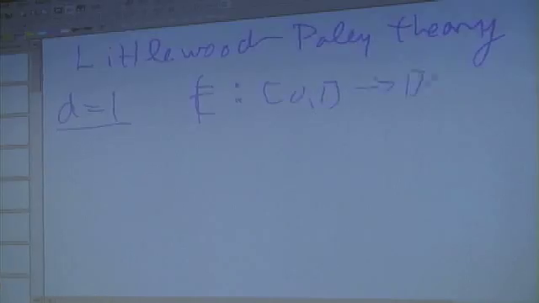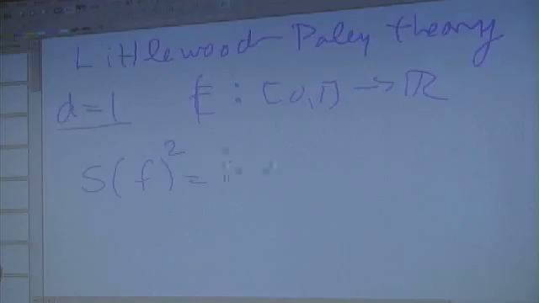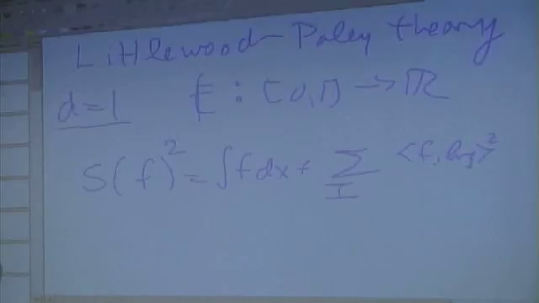So just the local case. And now for such a function, the Littlewood-Paley square function is defined to be, the square of it is, in the first place, the integral of f squared plus the sum over dyadic intervals I of the square of the Haar coefficient of f against h_I, times the indicator of I, and I put the |I| squared again because of this L infinity normalization.